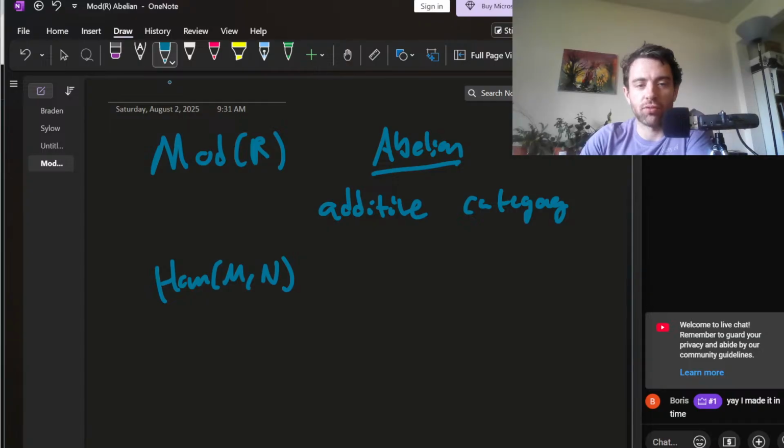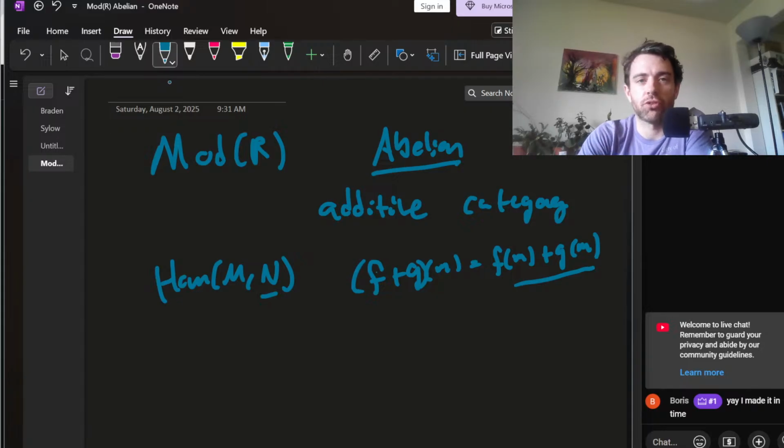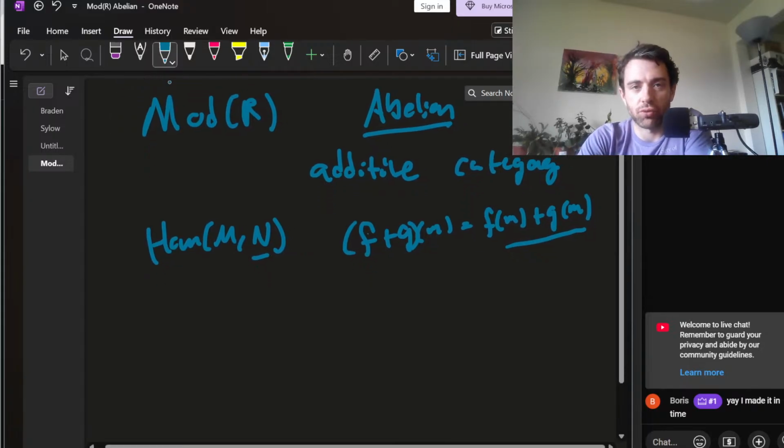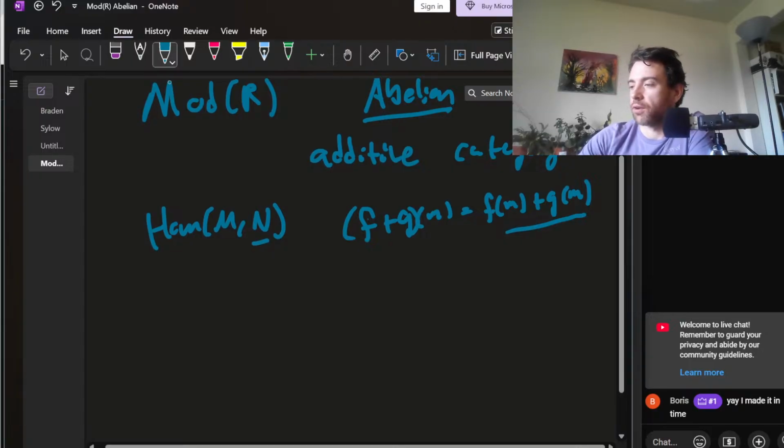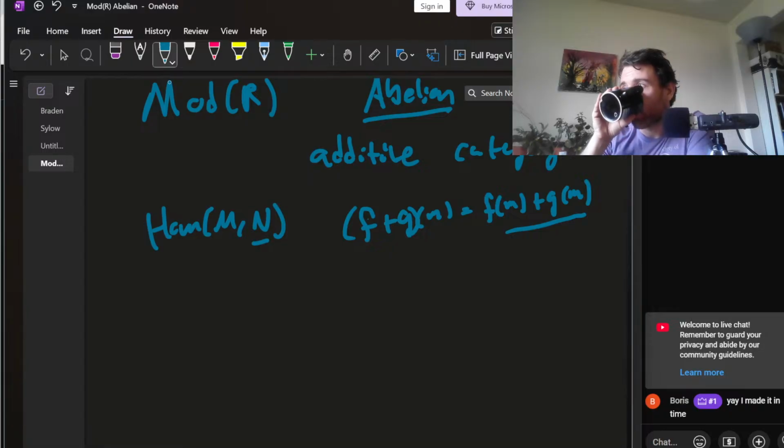So of course, if you have two module morphisms, you can define the sum of those morphisms to be the function that returns the sum of the individual arguments in the target module, and that gives you a module homomorphism again, and it distributes over composition, right? So that's what makes it a pre-additive category.